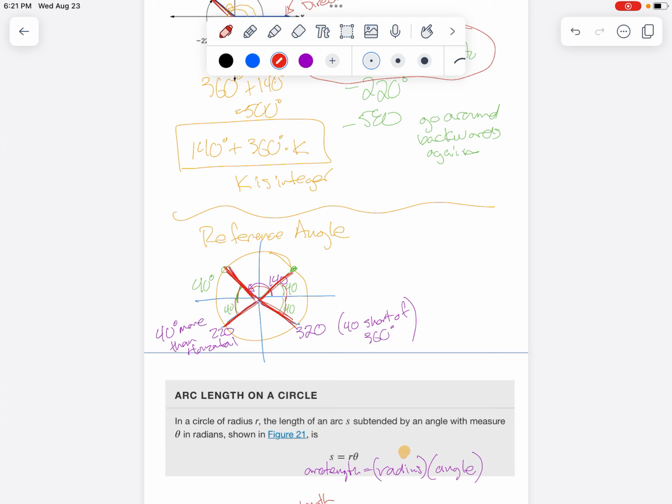And so those 4 angles are going to be related, and the one in the first quadrant is the reference angle. And that's 40, because 140 plus another 40 gets you to 180 degrees. So when we'll talk about reference angles, any angle has 4 related angles in the 4 quadrants, and the one in the first quadrant is what's called the reference angle.